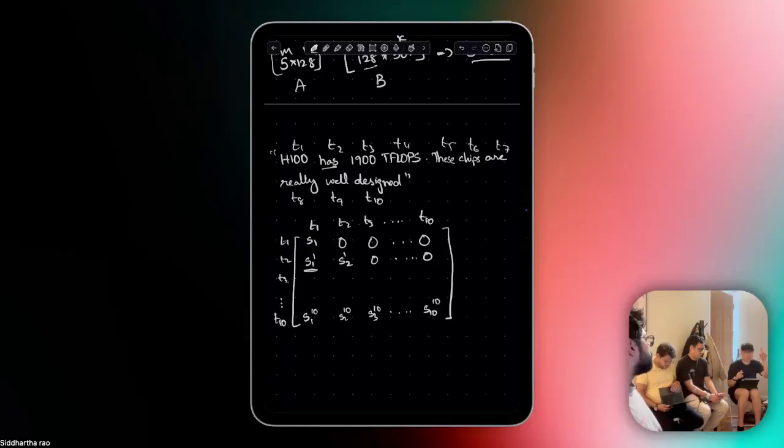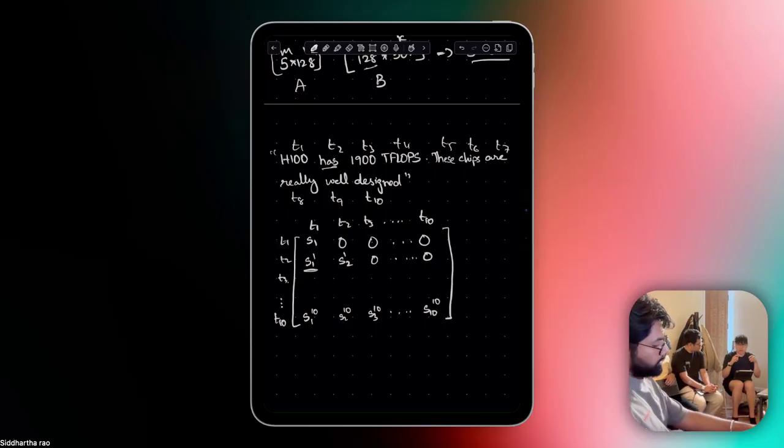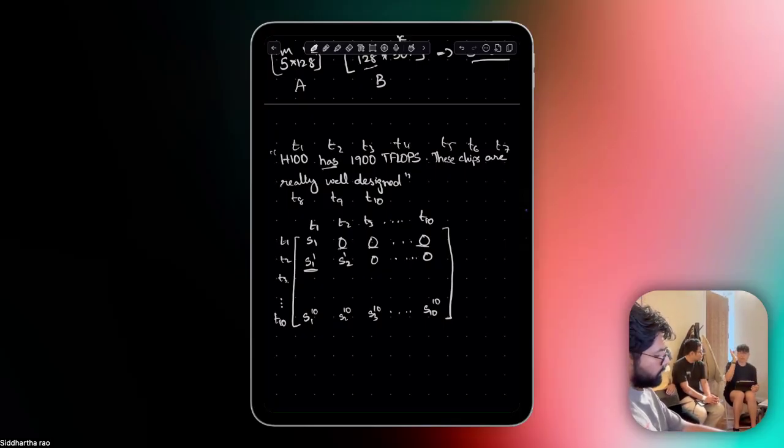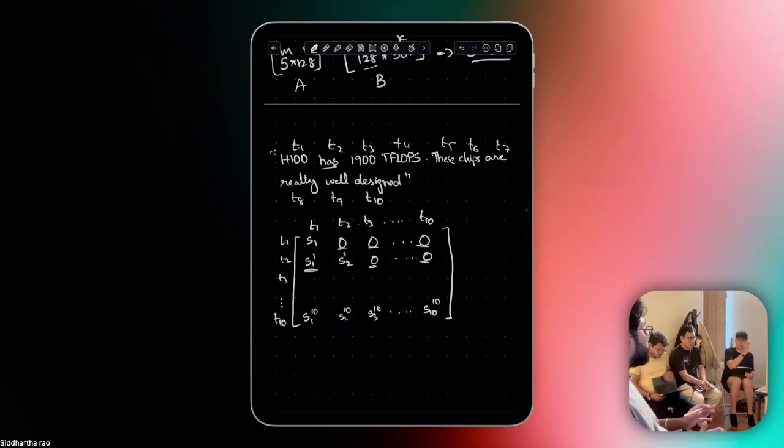You're talking about these elements in the upper triangle? Technically, they should also have associated scores. But by construction, we are explicitly zeroing them out. So this is essentially the causal mask. I see. Okay. Makes sense.